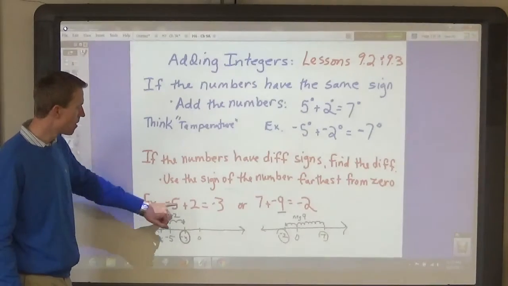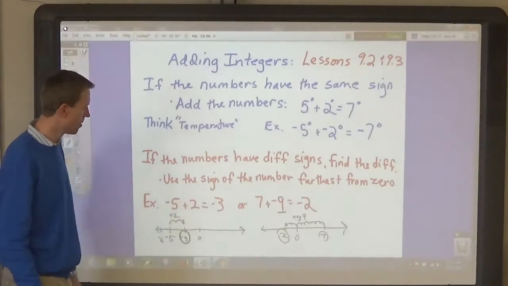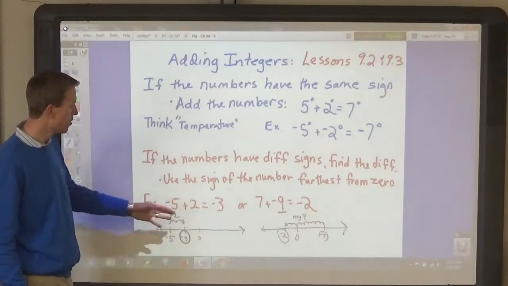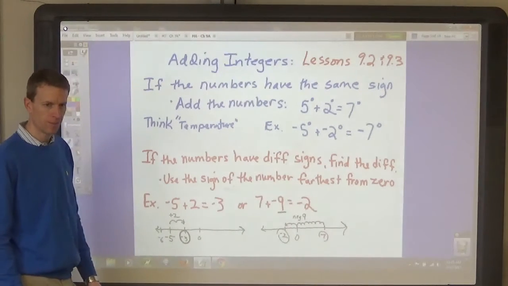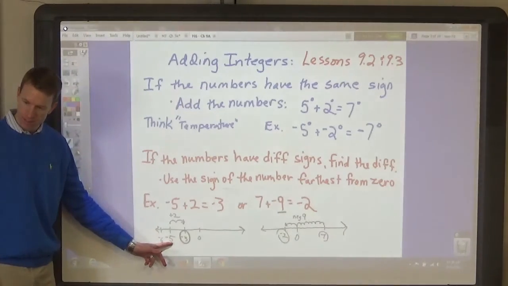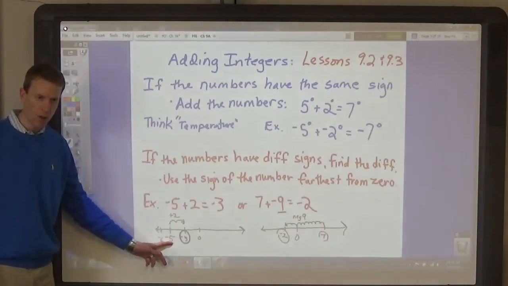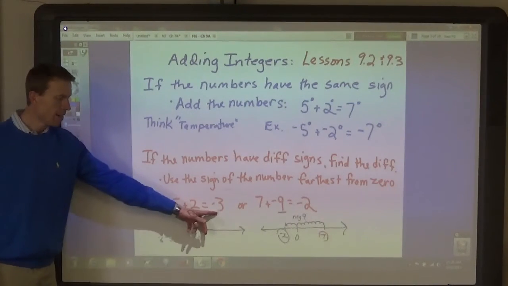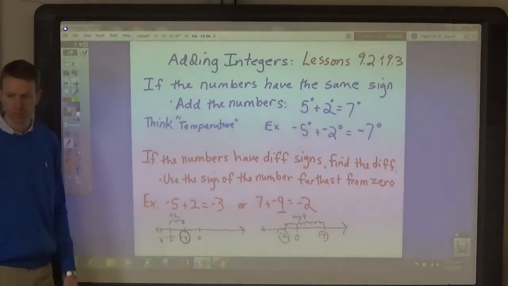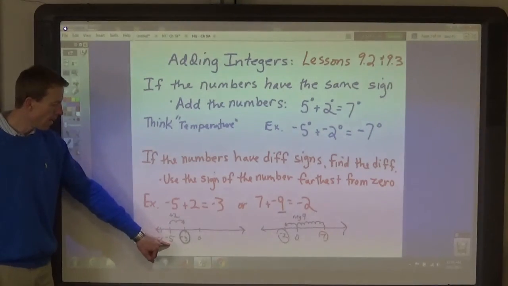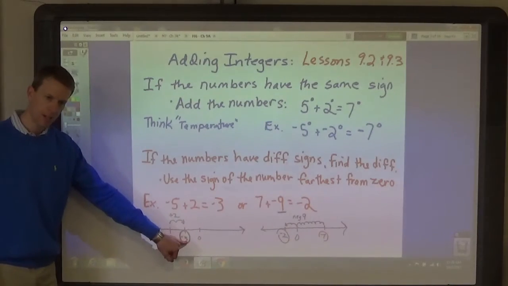You find the difference in their absolute values, and you use the sign of the number that is farthest from 0. So if we're starting at negative 5 and we go up 2, we end at negative 3. Right? Negative 5 plus 2 is negative 3.